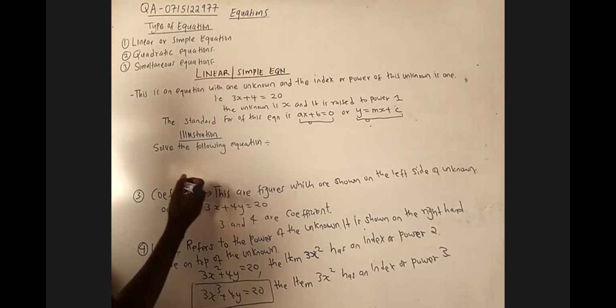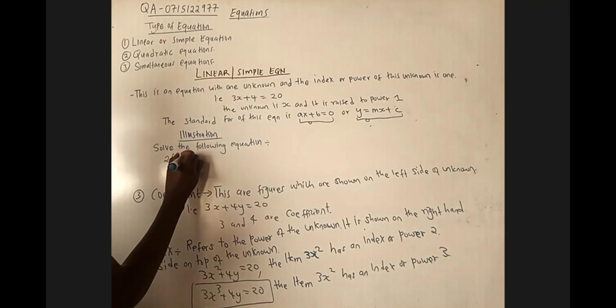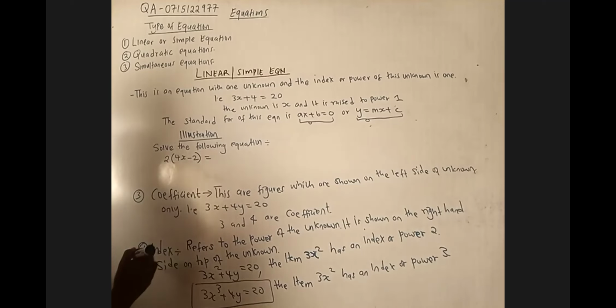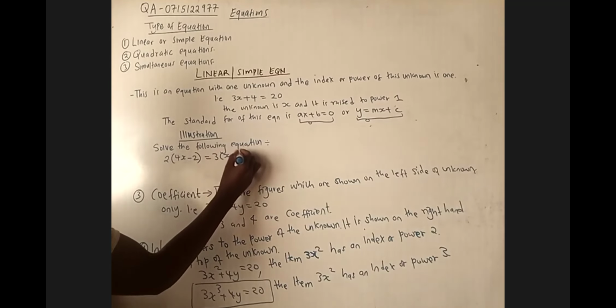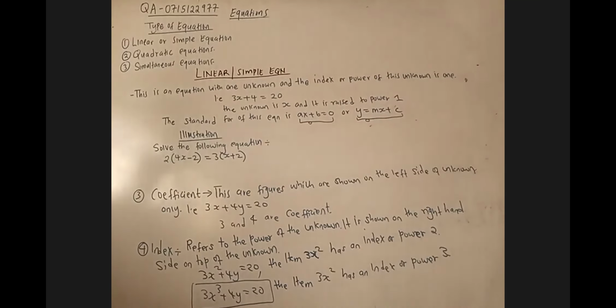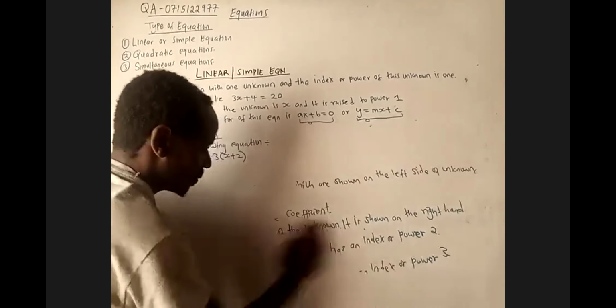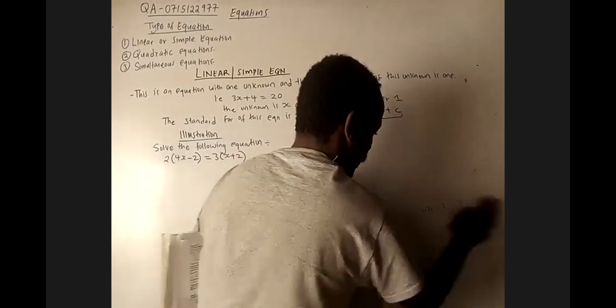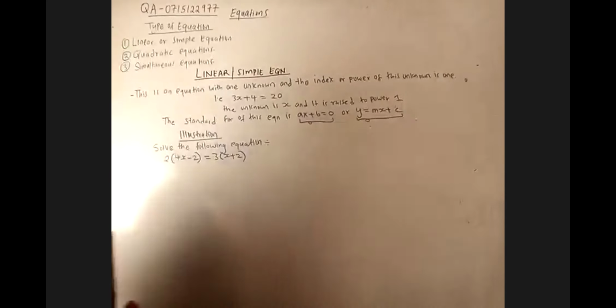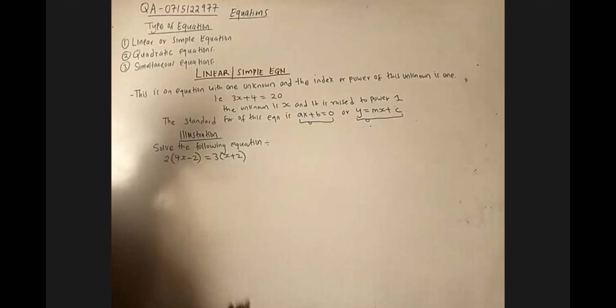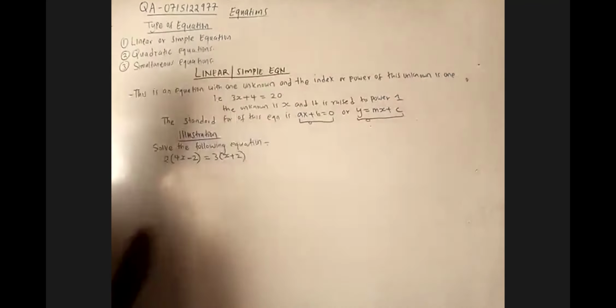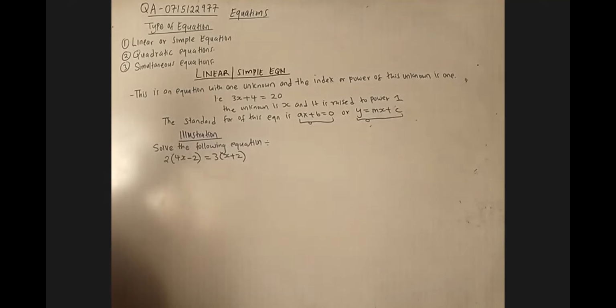So this is the equation: 2 into bracket 4x minus 2 is equal to 3x plus 2. Solve that one and give me the answer.